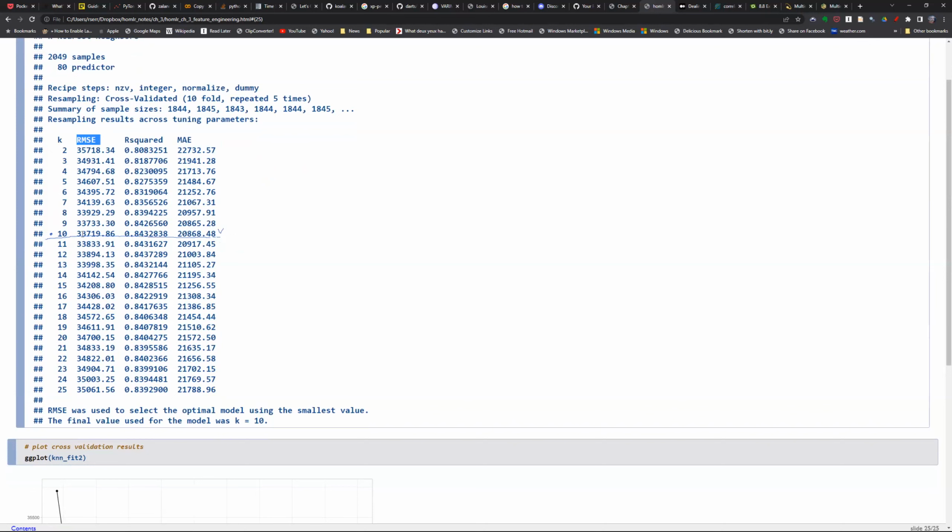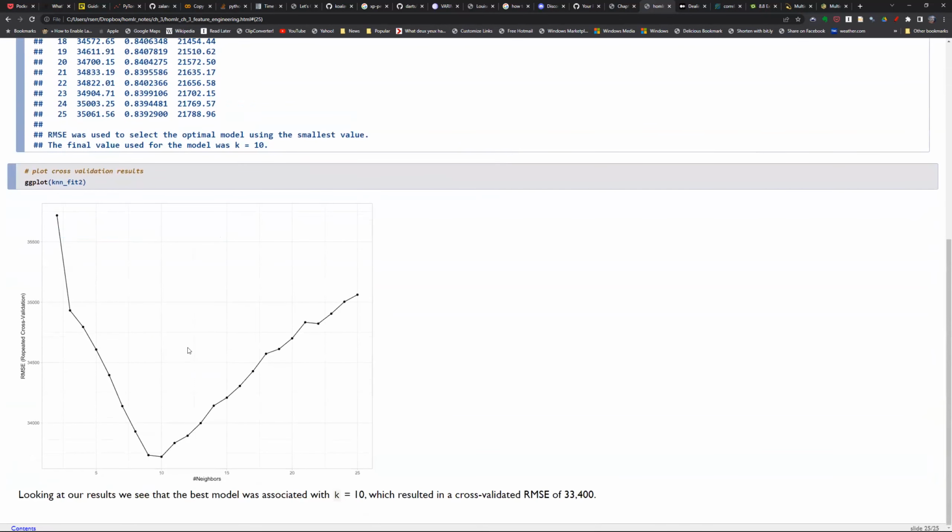K10 is the one that has the minimum RMSE. So that points out that with K10, with that recipe, we have the optimum model. And if we plot it, we'll see that K10 is the minimum value for RMSE.